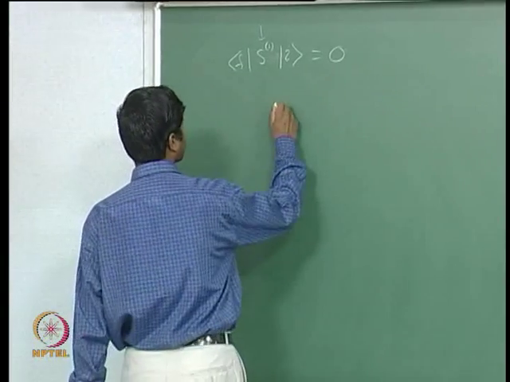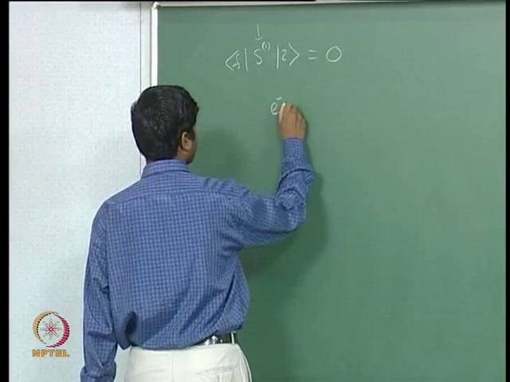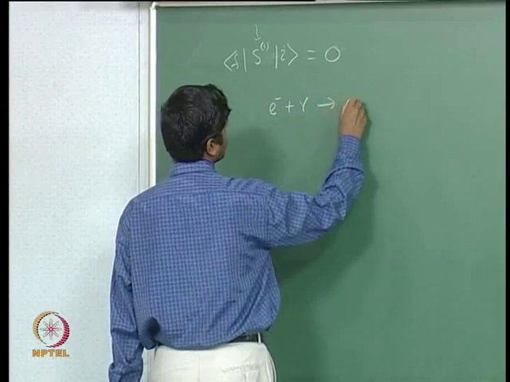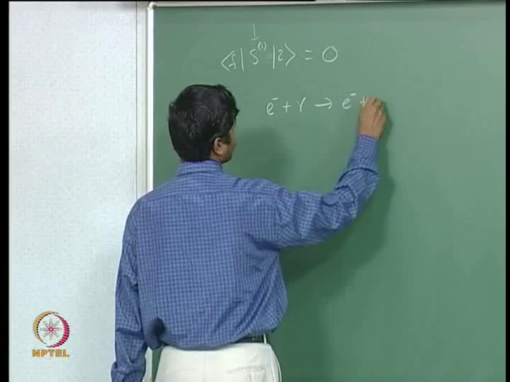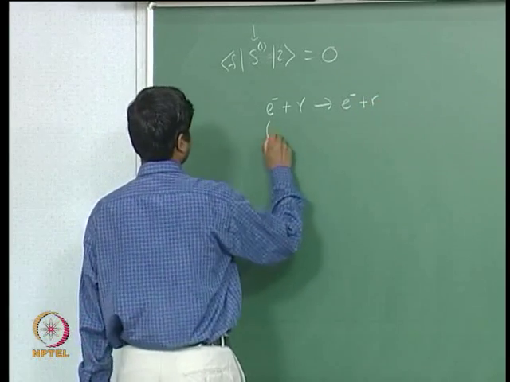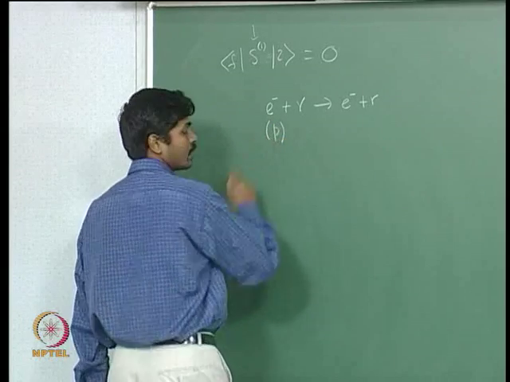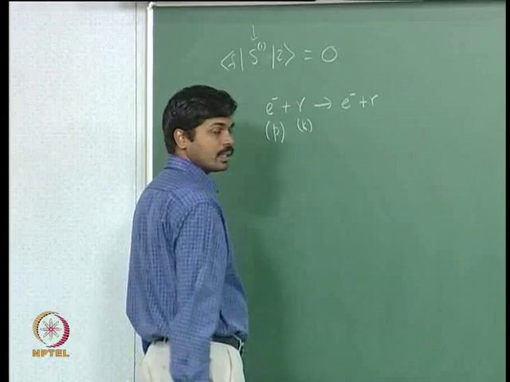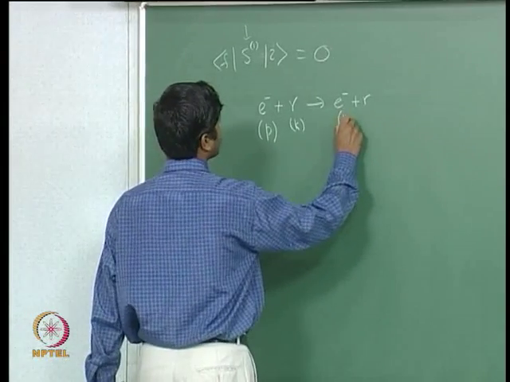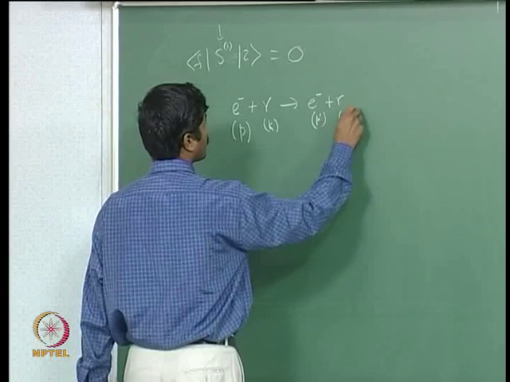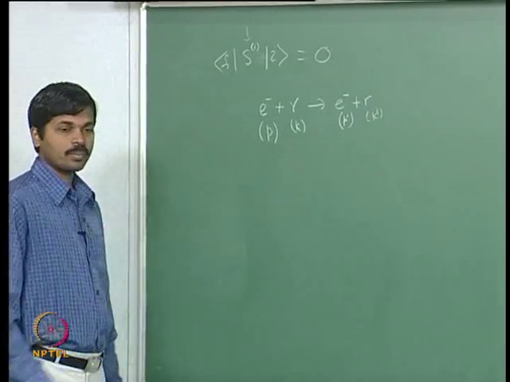As an example, we were considering Compton scattering, where e minus plus gamma goes to e minus plus gamma, where the original electron had 4 momentum p, the photon had 4 momentum k, and the outgoing electron had 4 momentum p prime, and the outgoing photon had 4 momentum k prime.